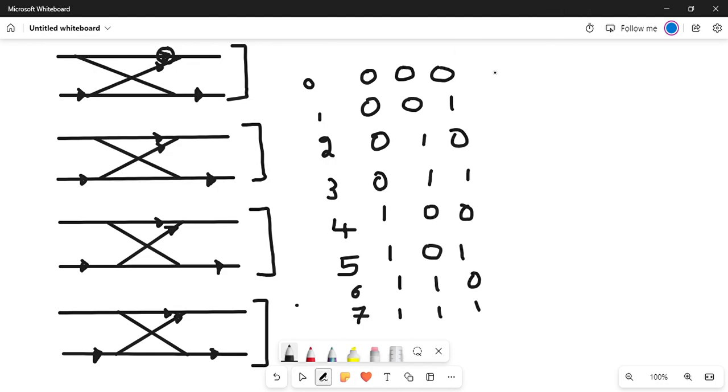If I reverse it, I get 0 0 0, which is x of 0, which is equal to 1. Then 1 0 0 is 4, so x of 4 is equal to 0.